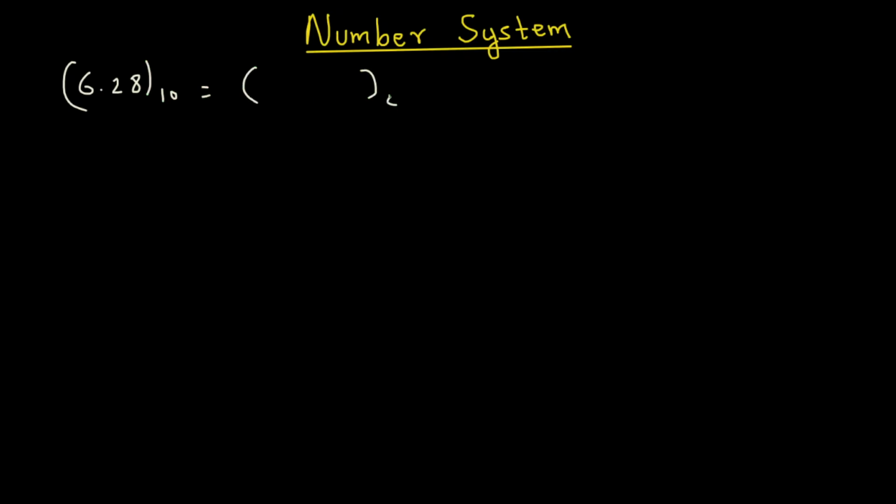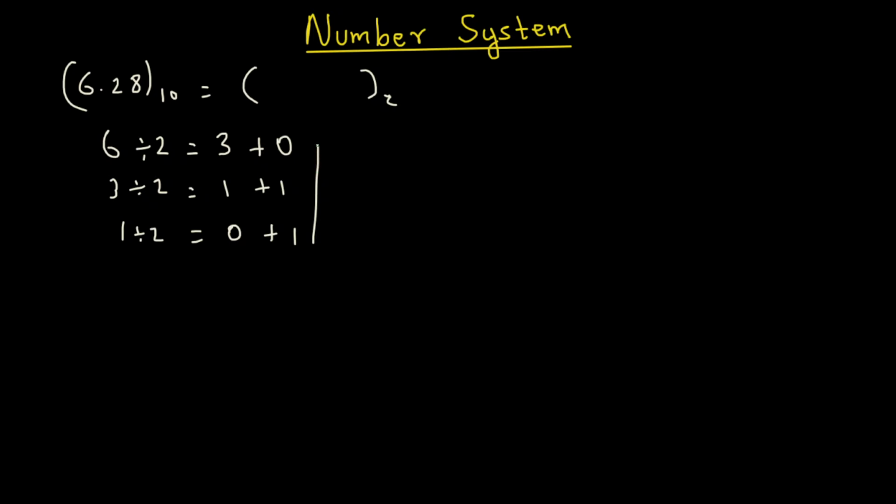We take the whole number part, which is 6, and convert it easily. Divide 6 by 2, which is 3, and the remainder is 0. Then 3 divided by 2 is 1, with a remainder of 1. Then 1 divided by 2 is 0, and the remainder is 1. So we take it from bottom to top, which is 110.